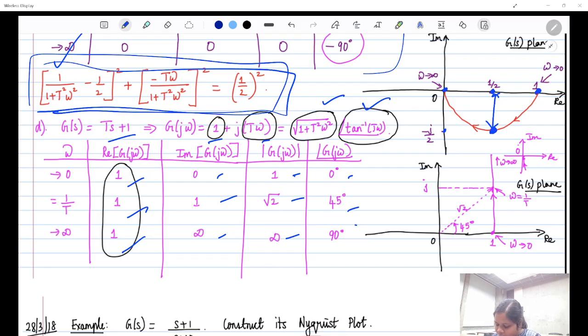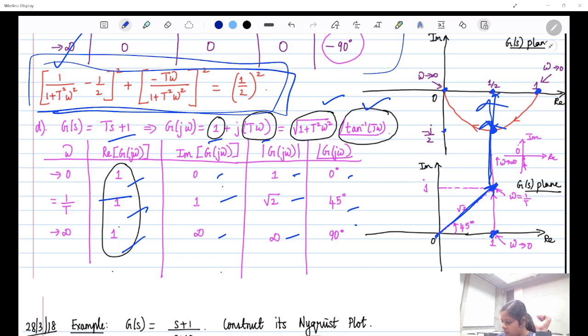So what happens in this case? The real part is at 1 comma 0 for omega equal to 0, which is here. For 1 by T, it is at 1 comma 1, which is here. And for infinity, it is 1 comma infinity. That means it is going to go along this axis, because infinity we cannot show, and the y-axis is infinity, right? Now you look for magnitude. Magnitude is 1 by root 2, so 1 is here, root 2 is here, which is coming at this, and infinity is infinity.